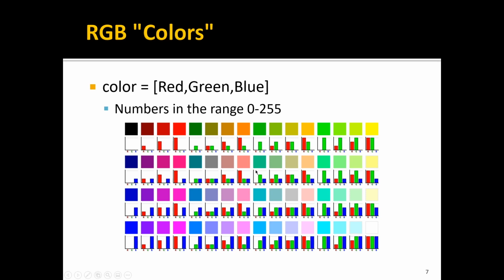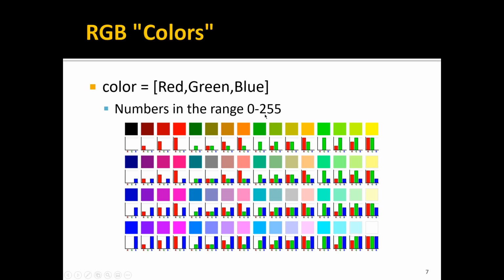If we want to have, for example, an orange, that's red with some green. If we want to have purple, that's blue with some red. And if we want sort of a tealish color, that's green and blue. So combinations of all the various different channels of different amounts gives us all the possible different colors.